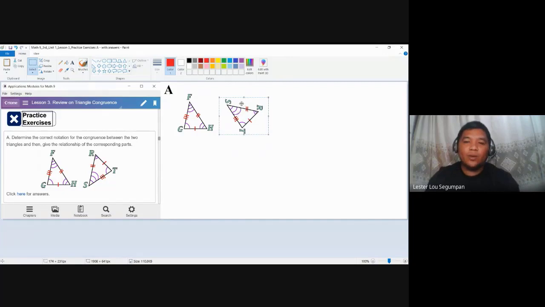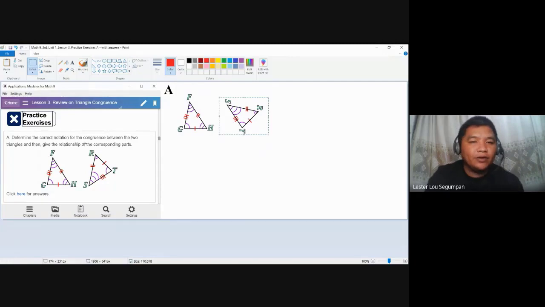Take note that when we rotate this a little bit further clockwise, you might notice that the corresponding number of arcs will be the same, two here, one, and then the number of slashes for sides.